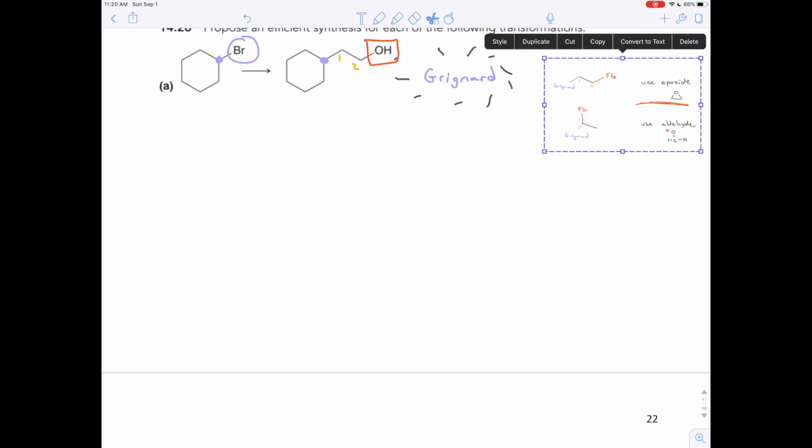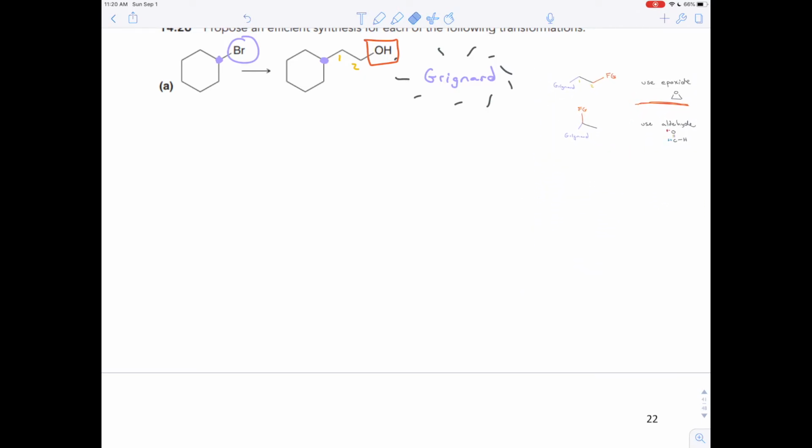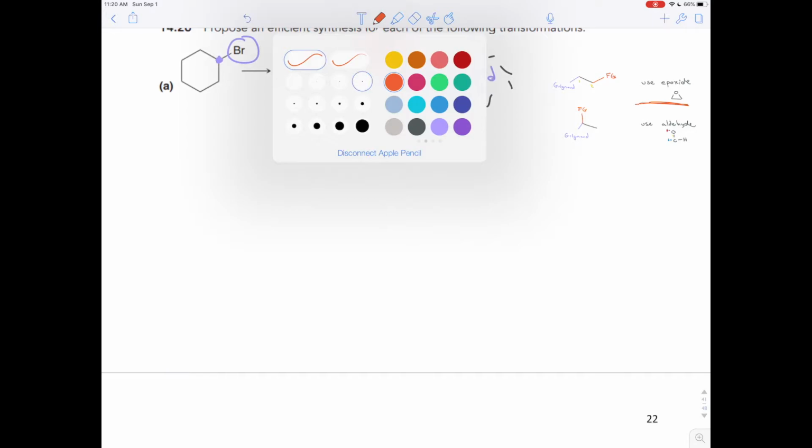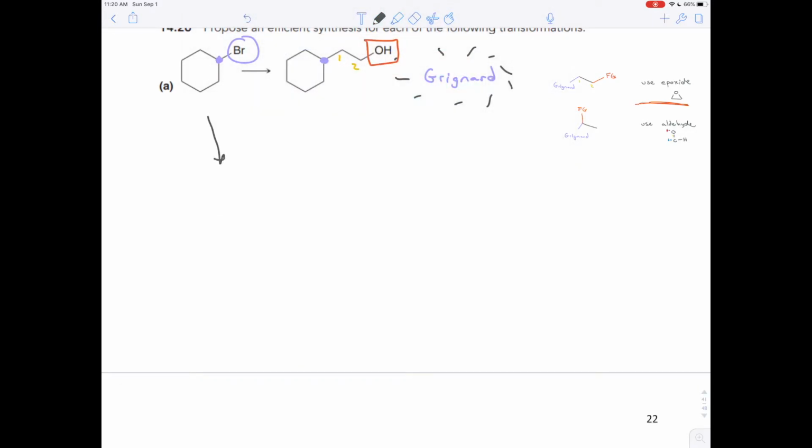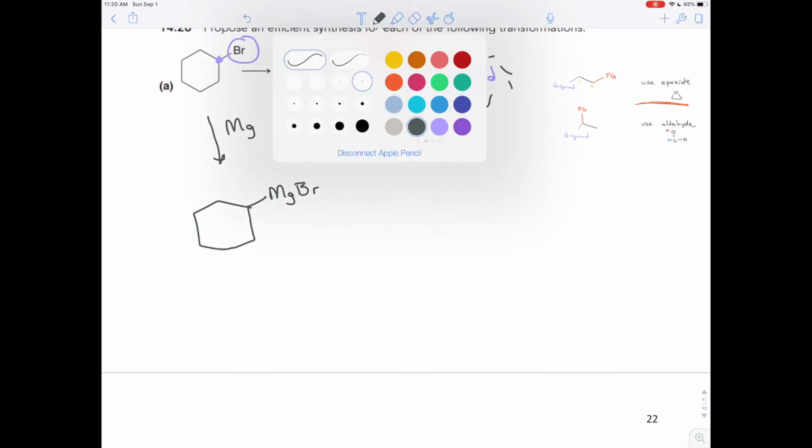Okay. So we're going to use a Grignard reagent and an epoxide. Now the first thing we have to do is form the Grignard reagent, and we do that by dumping solid magnesium into this. That replaces the bond to a bromine with this almost ionic bond, not quite, but almost ionic bond to the magnesium.